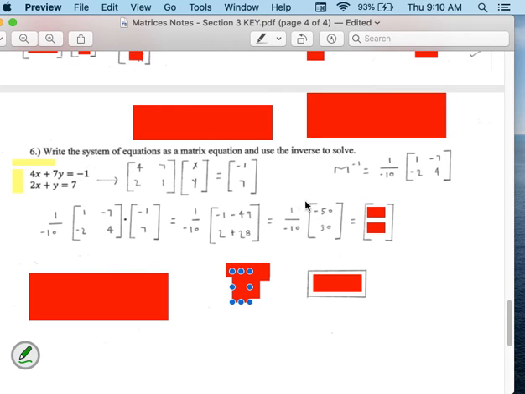So negative 50 times negative 1/10. 10 actually divides in nicely here. Negative 50 divided by negative 10 is 5. 30 divided by negative 10 is negative 3. With this 1 being the numerator, you really are dividing by that denominator when you're simplifying. And you write that as an ordered pair.